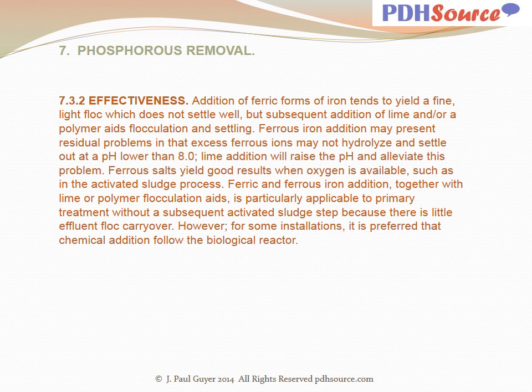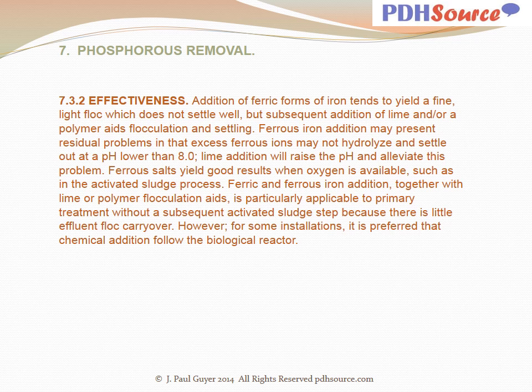Ferrous iron addition may present residual problems in that excess ferrous ions may not hydrolyze and settle out at a pH lower than 8.0. Lime addition will raise the pH and alleviate this problem. Ferrous salts yield good results when oxygen is available, such as in the activated sludge process.